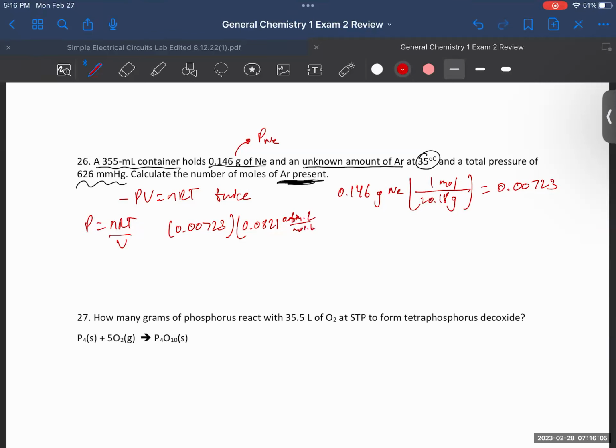That's how I learned it. And then temperature, what is our temperature gonna be? It's in Kelvin, what's the number? 308, because you just do 273 plus 35, you get 308 Kelvin. And then this all over your volume, what should your volume unit be again?